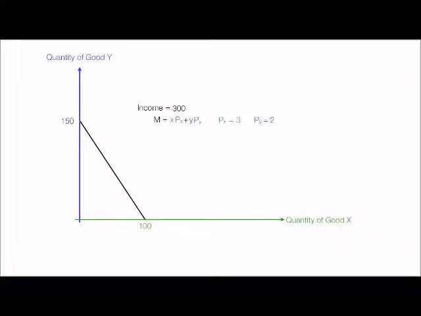Now imagine the price of x goes up. Let's say that the price of x goes up to 6, it doubles. The consumer will be able to buy less of x, but how much less?